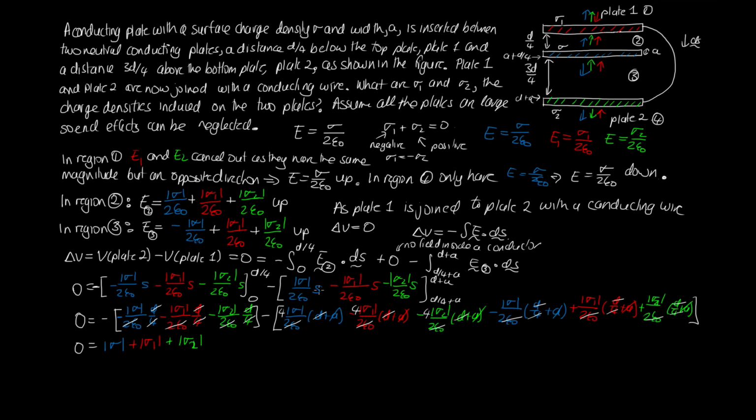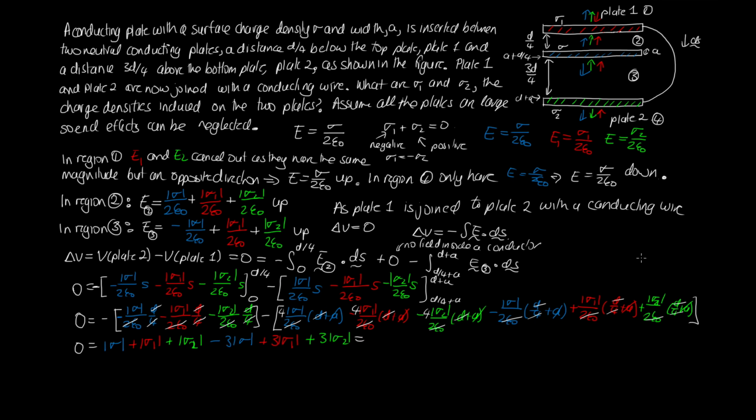So this one here is going to be minus 3 sigma. And then here we've got minus times minus, so that'll be plus 4 sigma 1, and then minus times plus, so minus sigma 1. So that'll be plus 3 sigma 1. And then with the sigma 2's, again, we've got plus 4 sigma 2 minus sigma 2, so that's plus 3 sigma 2.